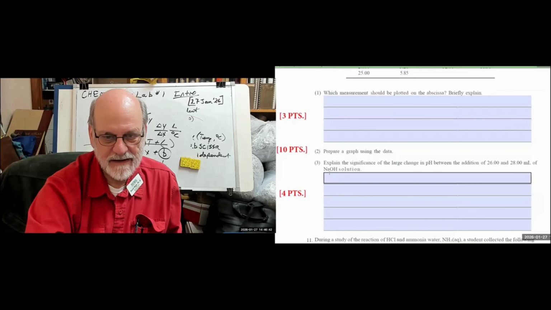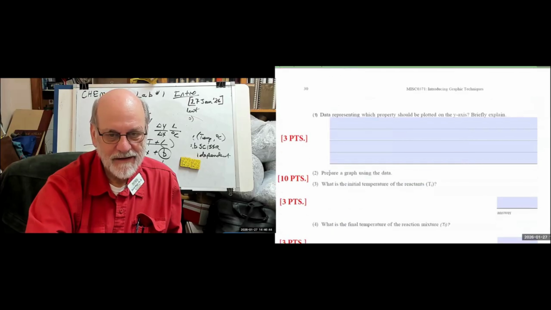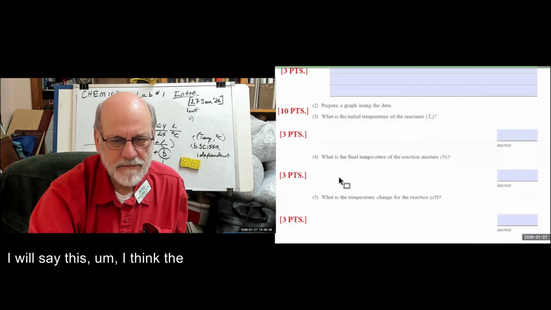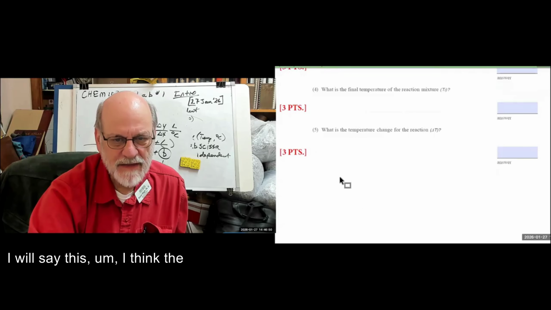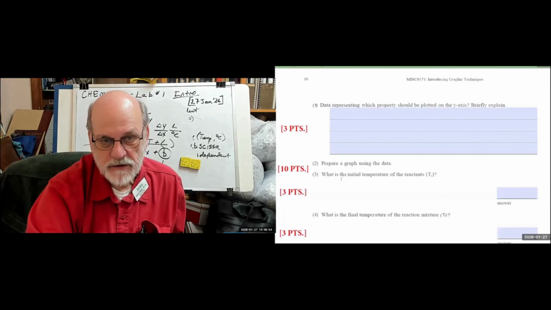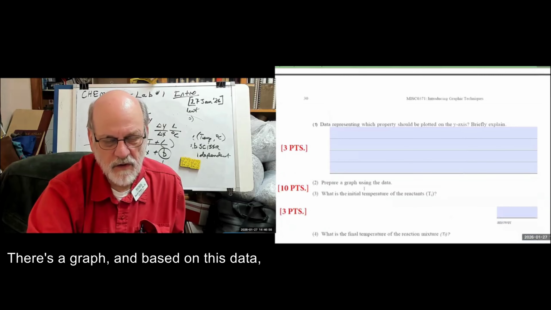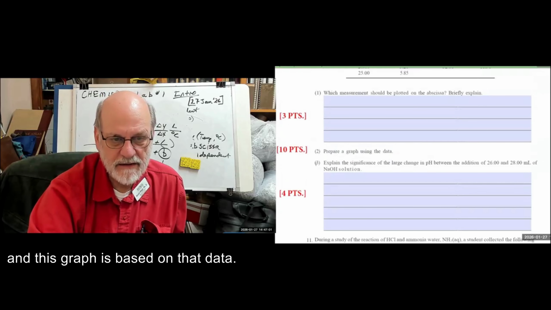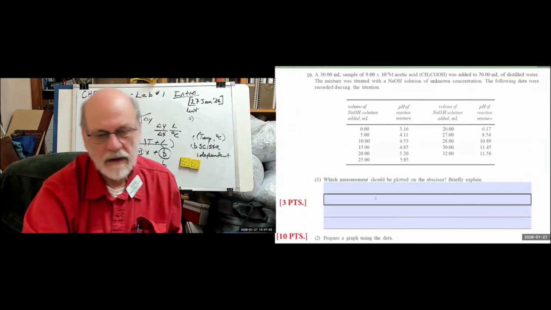Let's see. I will say this. I think the second, oh, there's your graph paper. There are two graphs in this one. There's a graph based on this data, and this graph is based on that data.